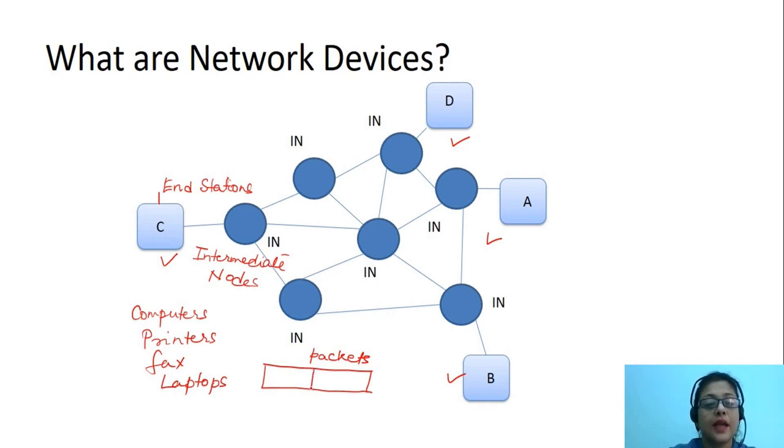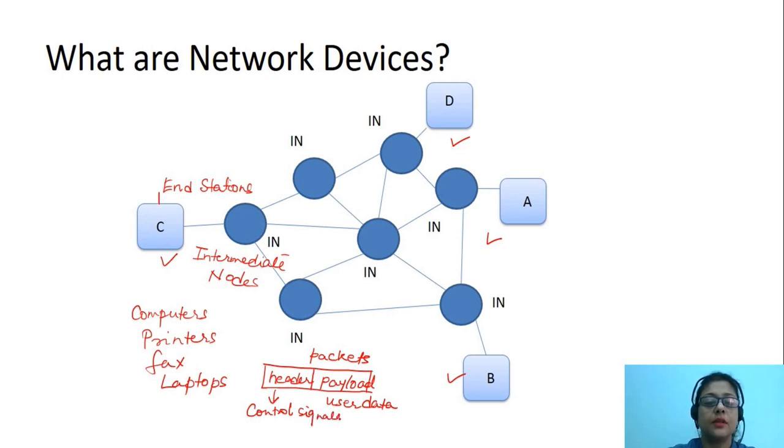Now, a packet can be divided into two parts. One is known as the header part and the other one is known as the payload part. This payload part consists of the user data. And the header part consists of the control signals.